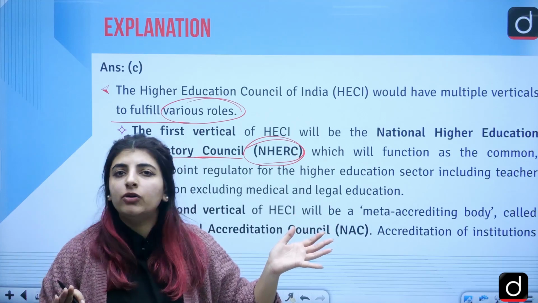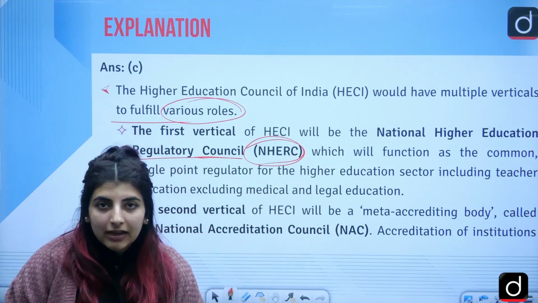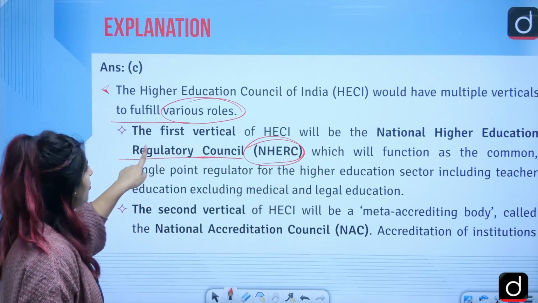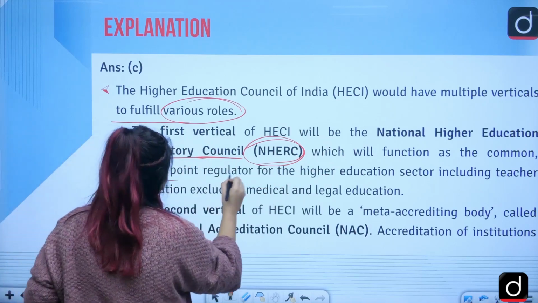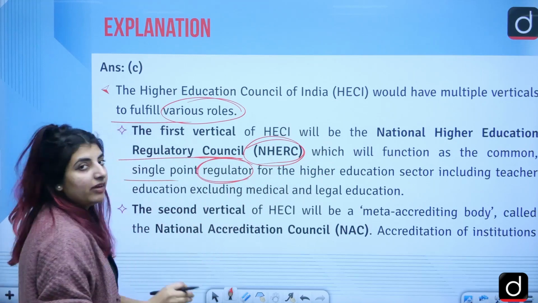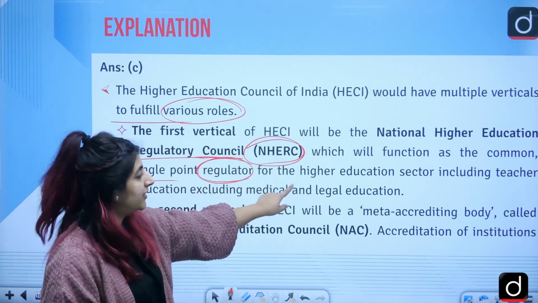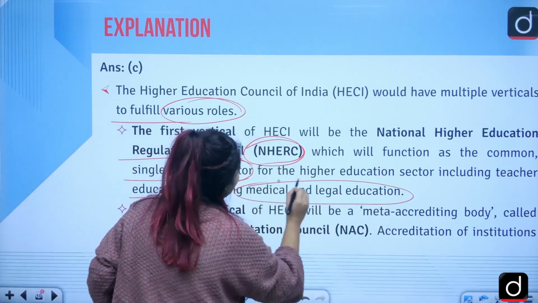Wherever you have made your notes on higher education, what you can possibly do is write this down, because even from the name it will suggest National Higher Education Regulatory Council, which will function as the common single point regulator. It will be the authority to regulate the higher education sector, including teacher education and excluding medical and legal education.